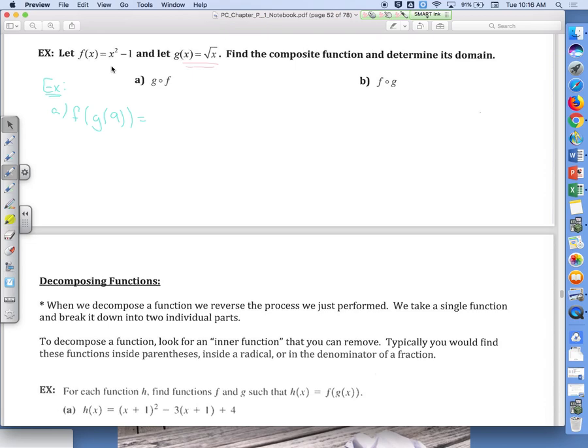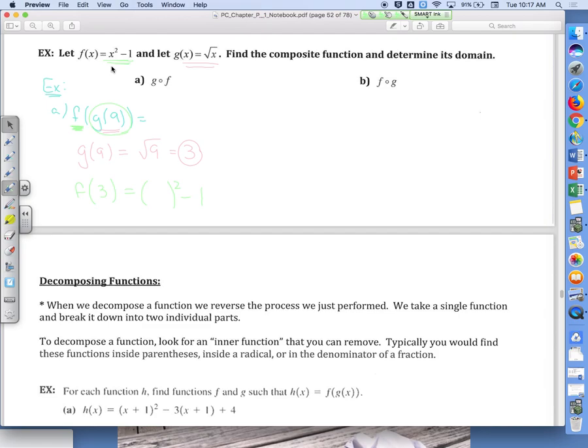Here it is. So starting inside here, we're going to plug in 9. So we would have square root of 9, which is equal to 3. We're going to take this outcome then, and we're going to plug it into this outer function f. So this number we took out, and we replaced it with the 3. So we're going to go to the function f.